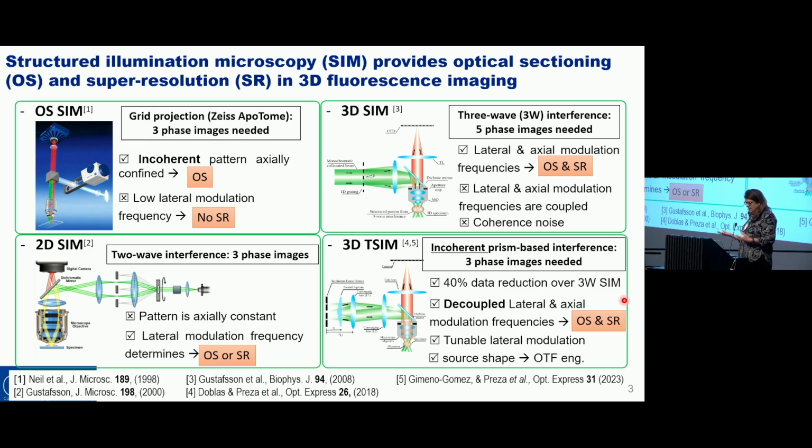It has decoupled lateral and axial modulation frequencies, so that gives you more degrees of freedom to design your illumination and engineer your optical transfer function. It offers tunable lateral modulation, and you can optimize it further by picking the shape of your source.